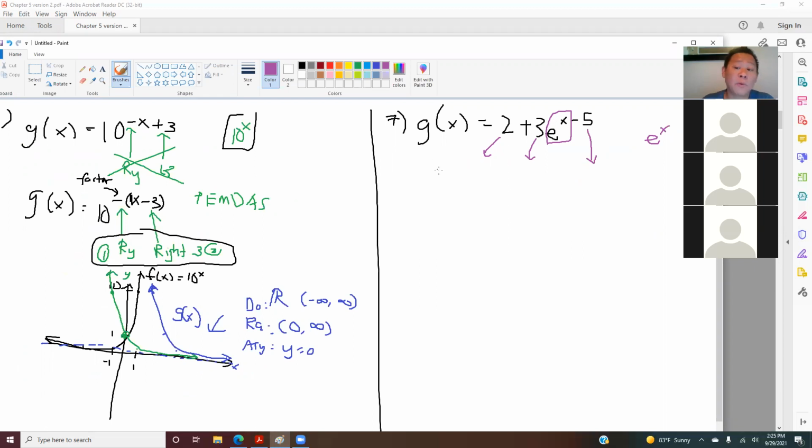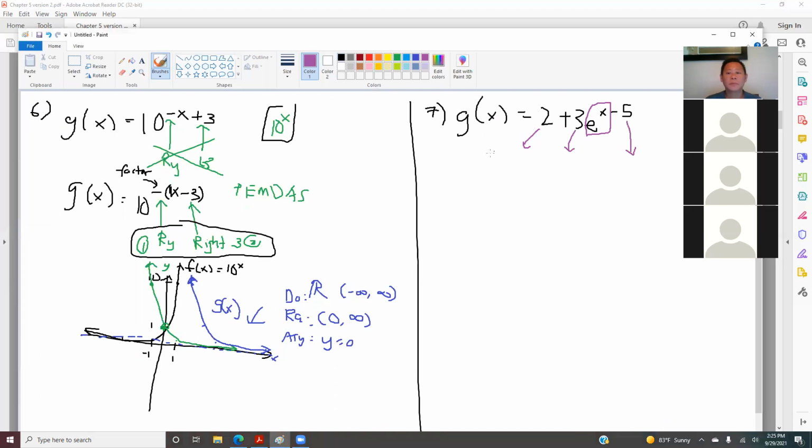So now you have to tell me what this 2 stands for, what this 3 stands for, and what this -5 stands for. Anyone? 2? What does this 2 mean? Up 2. This is up 2. And remember last time, this 2, I usually put at the back and move it front.